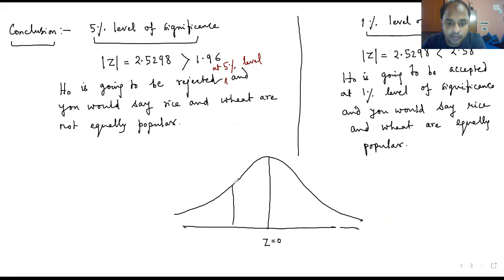Suppose this point is minus 1.96, and this point is minus 2.58. This point is 1.96, and this point is plus 2.58. What is happening is that if you increase the acceptance region, your data of these rice and wheat eating people are going to fall in the acceptance region. Actually, your data value is falling here in this particular case.